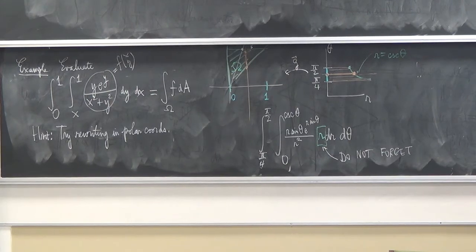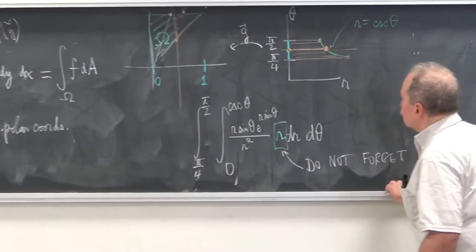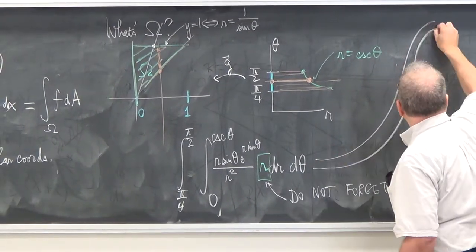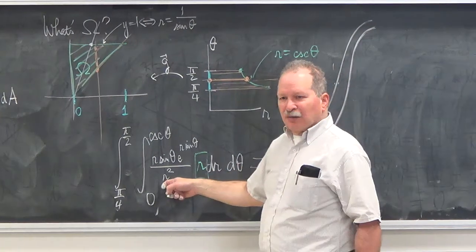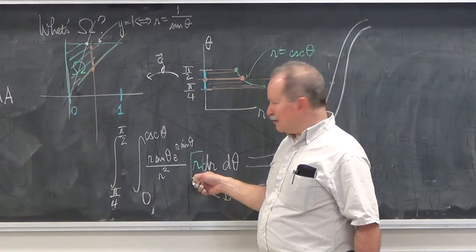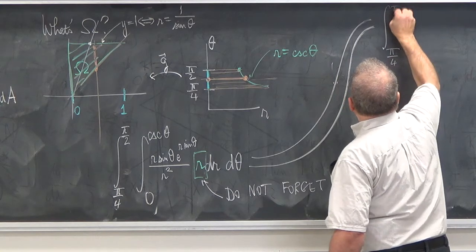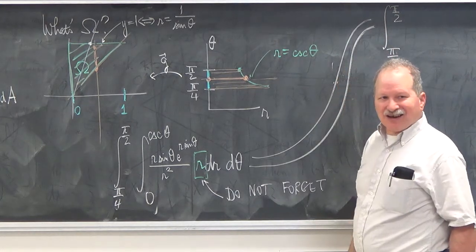Everybody with us? So Cameron's noticing you have an r squared in the denominator and an r squared in the numerator, hence no r squareds left. That makes doing the integral of dr not as scary as it had been.